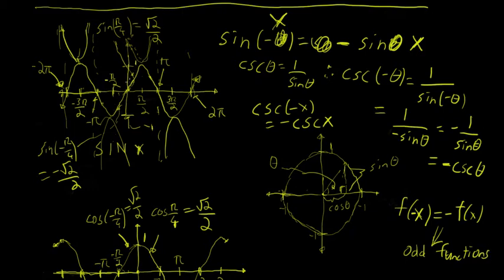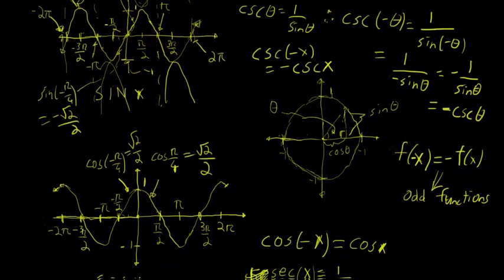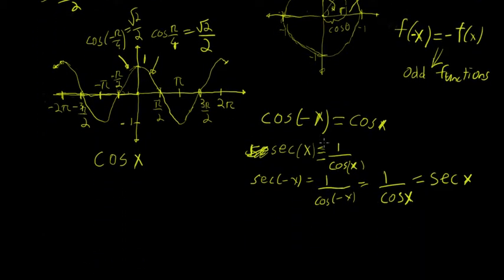And graphically they're symmetric about the origin. Well, cosine, if you look at it, it looks like it's symmetric about the y-axis, right? Looks like if you could flip any chunk of the graph over the y-axis, it'll really map onto itself.